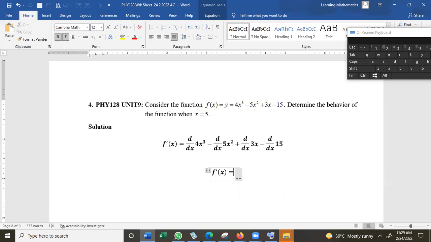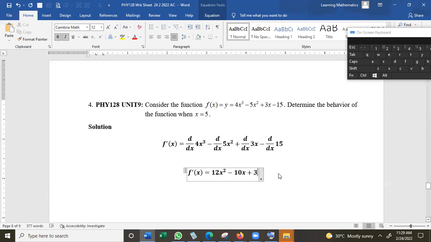Well, 12x squared, right? You just multiply 4 threes are 12, you subtract 1 from 3, that will give you 2. Minus 5 twos are 10, 10x, because subtracting 1 from 2 gives you 1. Plus the differential of 3 is 3, and the differential of 15 is 0.